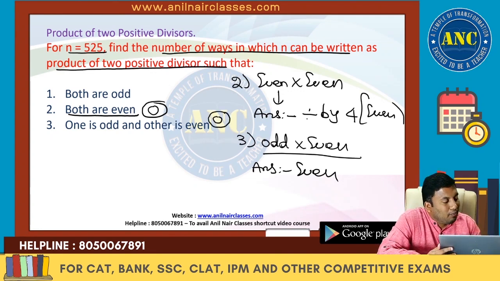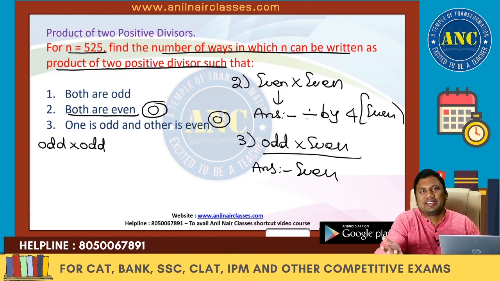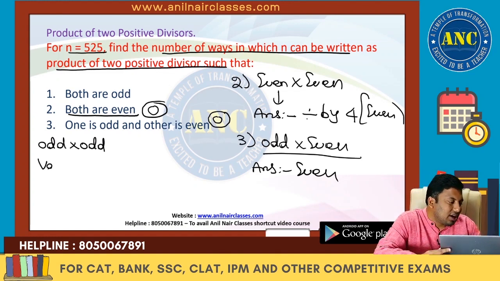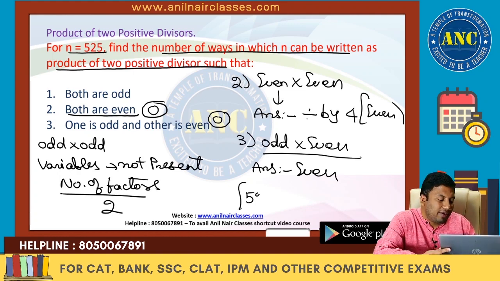First case, both are odd. Odd into odd. If the right hand side is an odd number, it is nothing but odd into odd. So variables are not present in the question. If variables are not present in the question, the answer is nothing but number of factors divided by 2. 525 is 5 into 105, 5 into 21 into 5.